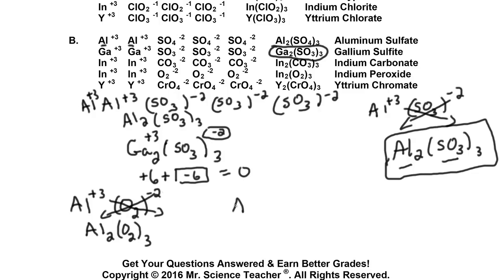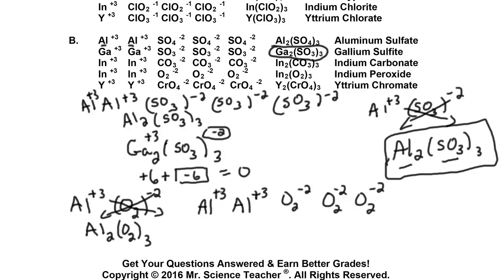Or what we could do is say aluminum, which is a +3, and peroxide, which is a -2. I have to get to 0. When I have a +3 and -2, my formula is +3 +3, so I need another one of these aluminums, and -2, so I need 2 more of these peroxides.